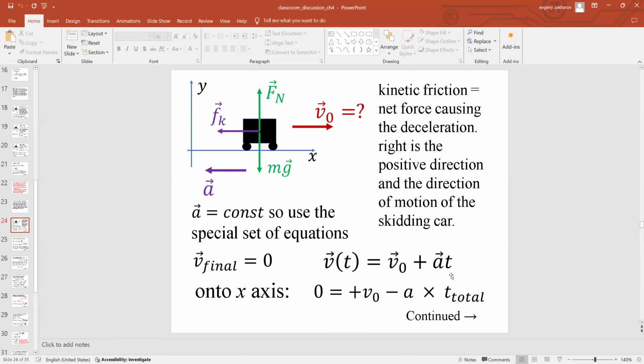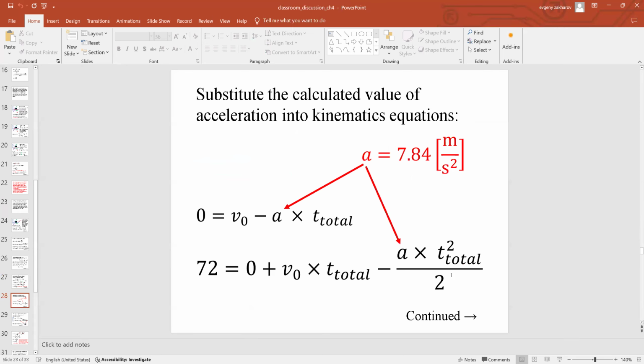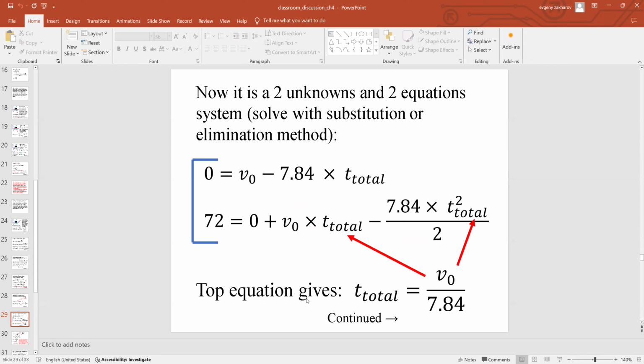So we need initial velocity, v sub 0. Here we go. You do the substitution with time, get rid of time, and you solve for v sub 0. Two equations, two unknowns, time and v sub 0.